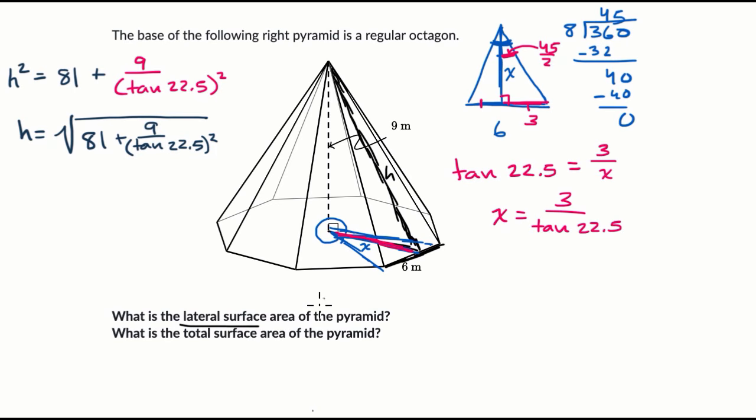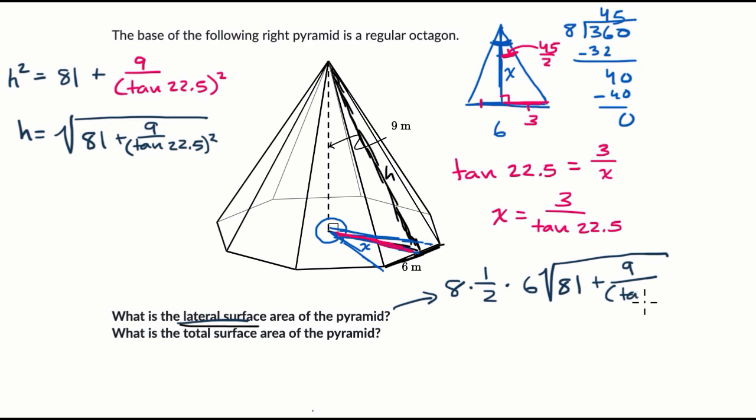So the lateral surface area is going to be equal to, I have 8 of these triangles, and then each of their areas is 1/2 times the base, so times 6 meters, times this height, that's the hairy part, times the square root of 81 plus 9 over the tangent of 22.5 squared. That is the lateral surface area.